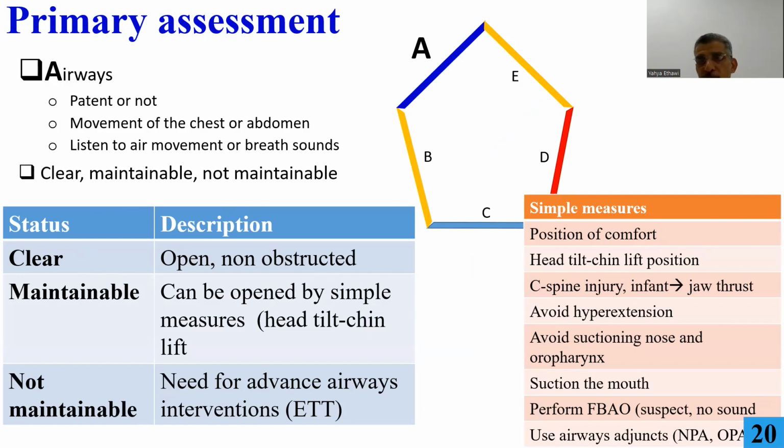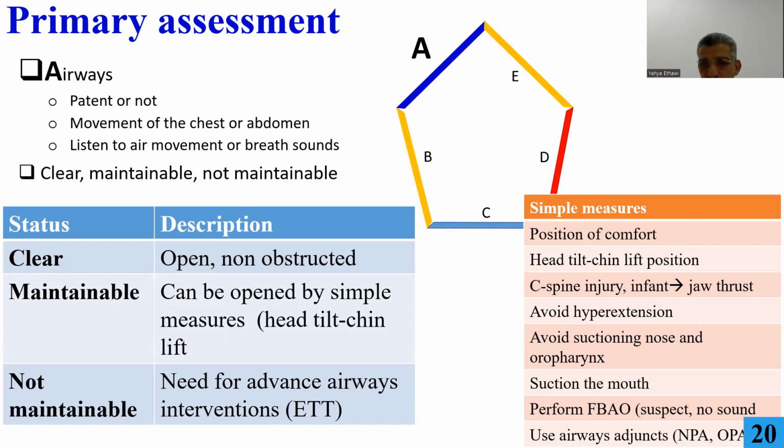So baby can be standing, sitting in his mother's lap, or maybe we do head tilt, chin lift position. In C-spine injury, okay, we have to be careful. And when the baby is an infant, less than 1 year, we have to do jaw thrust. All of these we'll know exactly. We will discuss it in details.